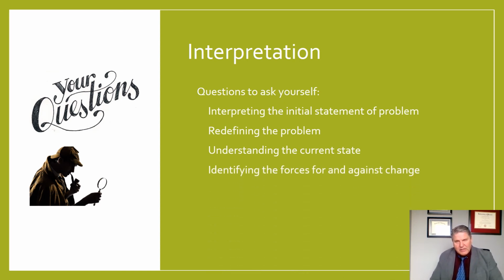And then number four, identifying the forces for and against change. Once you've got an understanding, and let's just go back through this, you've heard the problem from them. Now you've kind of defined what the real problem is. You've looked at the current state of where things are and people's attitudes about that.